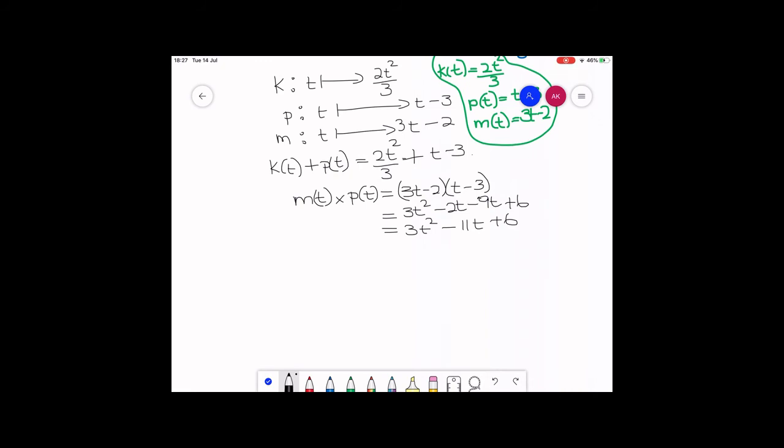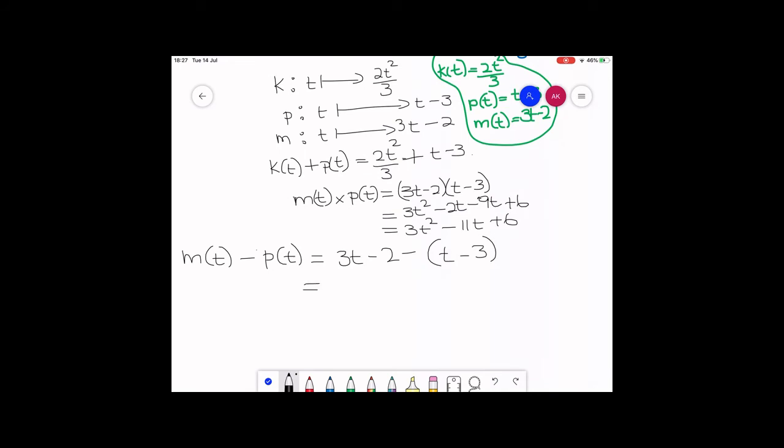I'm going to subtract our functions. I will start off with m(t) minus p(t). So this will equal, my m(t) is 3t minus 2, minus in brackets my p(t), t minus 3.